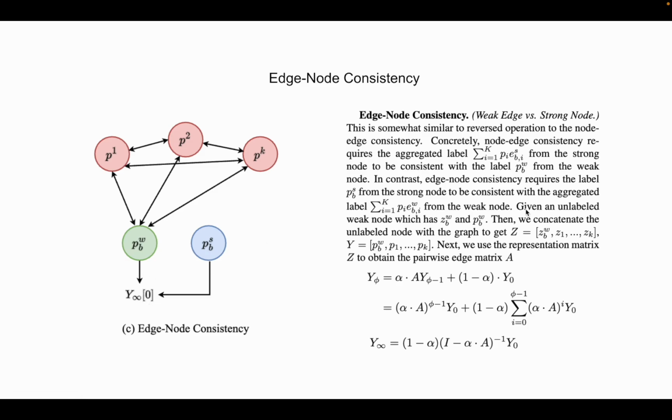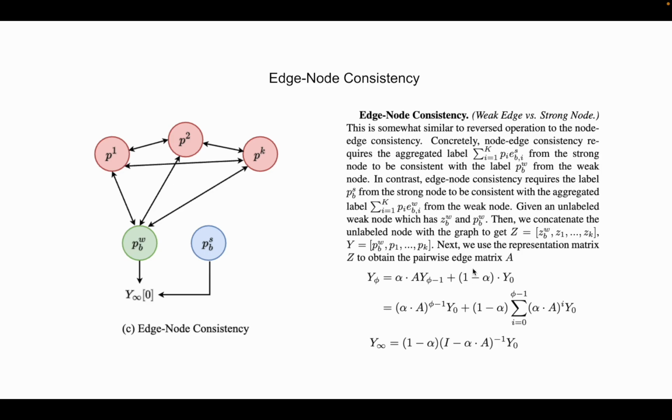Given an unlabeled weak node, which has the representation and model prediction, we concatenate the unlabeled node with the graph, which is just like the batch, to get the uppercase Z and also the uppercase Y here. Next, we use the representation matrix Z to obtain the pairwise edge matrix A. This pairwise edge matrix is just the affinity matrix of the graph.